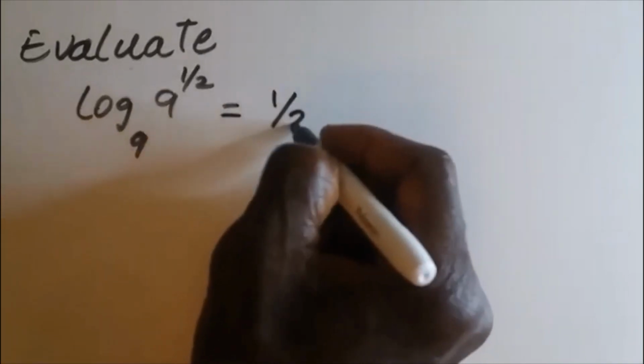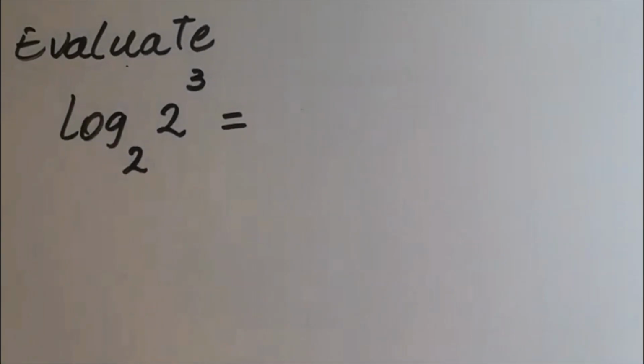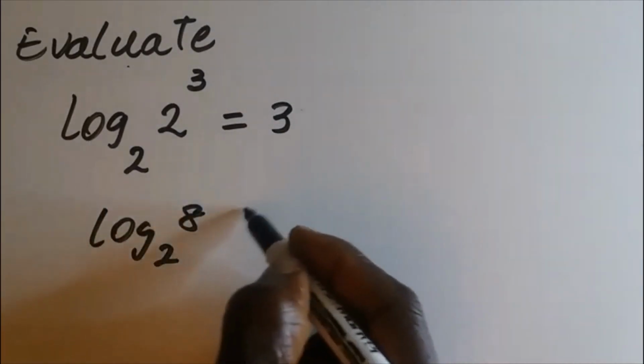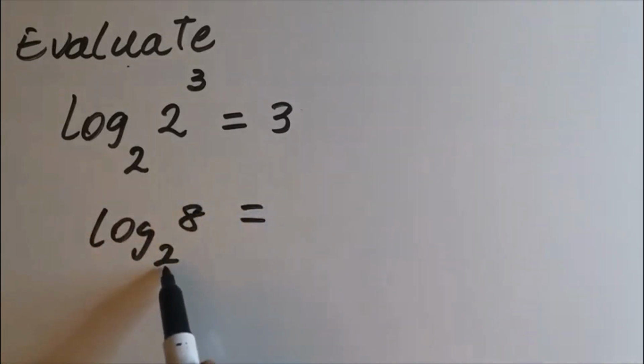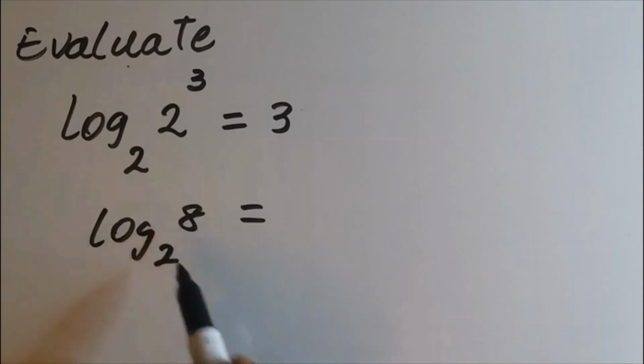It must be a half, because if we raise 9 to the half, we get 9 to the half. And finally, with a base of 2, what do we raise it to get 2 cubed? Must be 3. Alternatively, you could look at this as log to the base 2 of 8. What is that equal to? What do we raise 2 to, which power, what index to get 8? The answer is 3. Either way is correct.